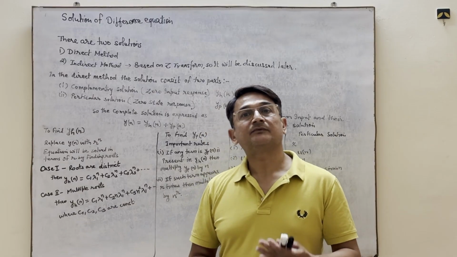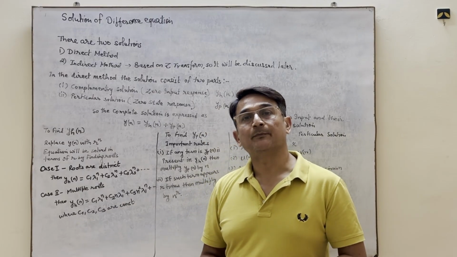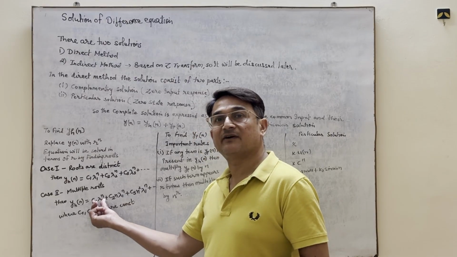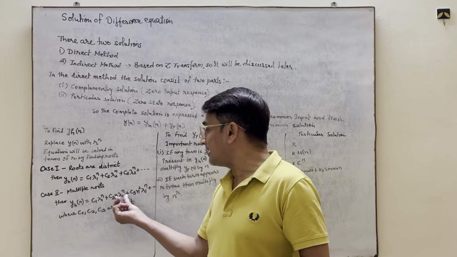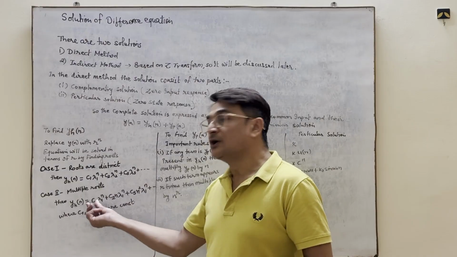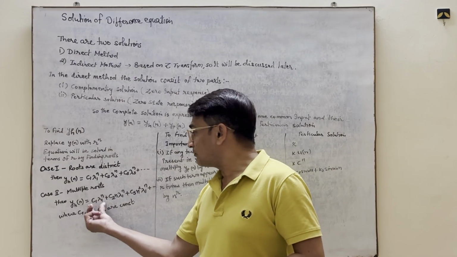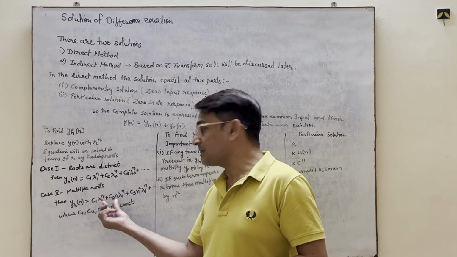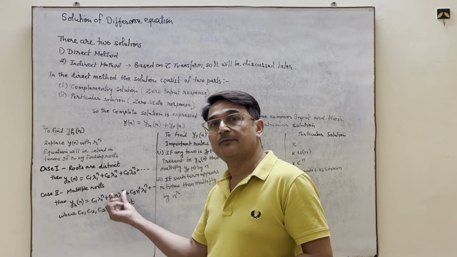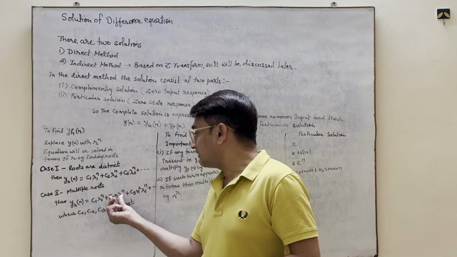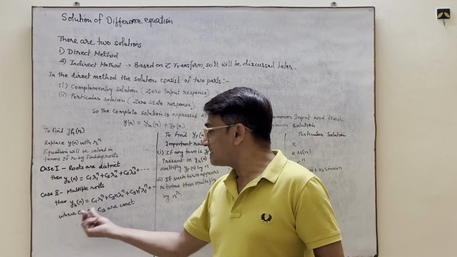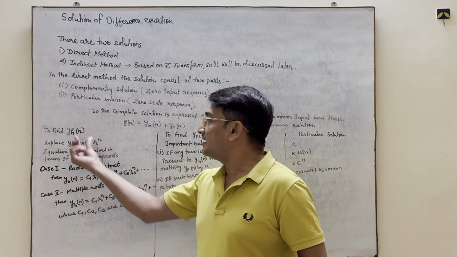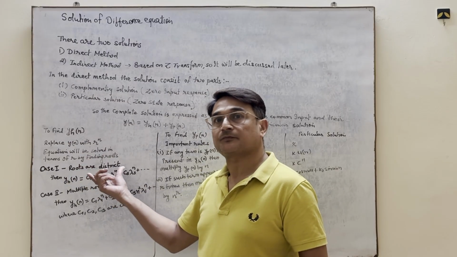If two roots are the same, then YHN is equal to C1 lambda 1 to the power n plus C2 n lambda 1 to the power n. That means you have to multiply the second term with n. Obviously C1, C2, C3 are constants. So this way we can find the various roots.